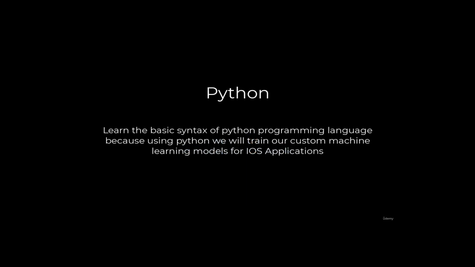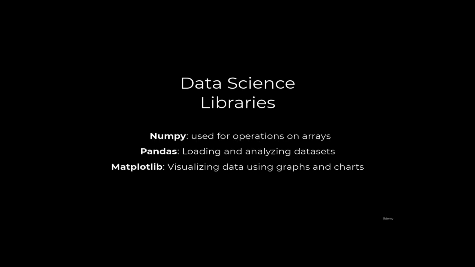And after learning the basics of machine learning, you will learn the basic syntax of Python programming language, because later we are going to train our machine learning models using Python. And after that, you will learn about different data science libraries like NumPy, Pandas, and Matplotlib. And these libraries will help us to prepare and analyze the datasets for training our custom machine learning models.